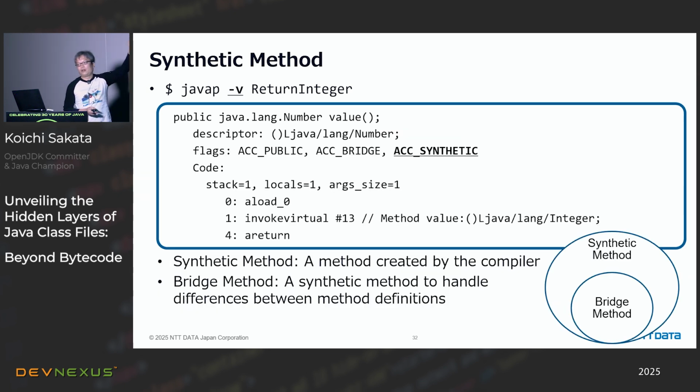Looking more closely, when you use the -v option with javap to see detailed information, you will find some flags. For example, ACC_SYNTHETIC indicates a synthetic method. Another flag, ACC_BRIDGE, signifies a bridge method, which is created to bridge gaps between methods. A synthetic method derived from a source code definition is called a bridge method.